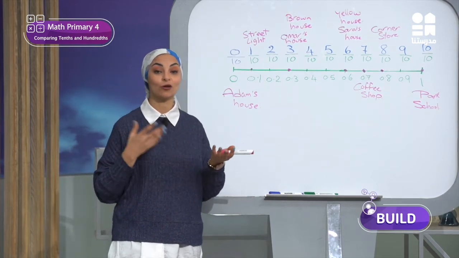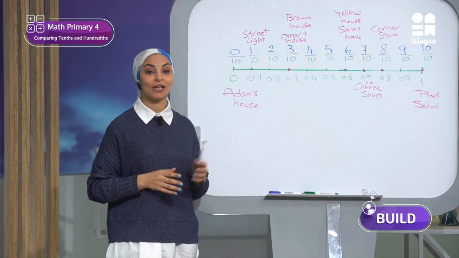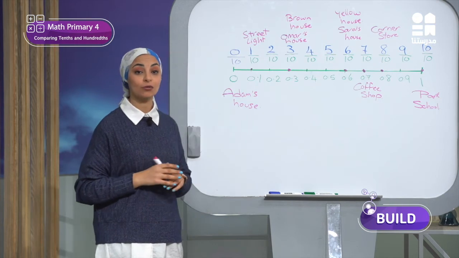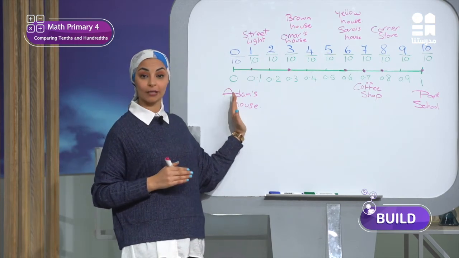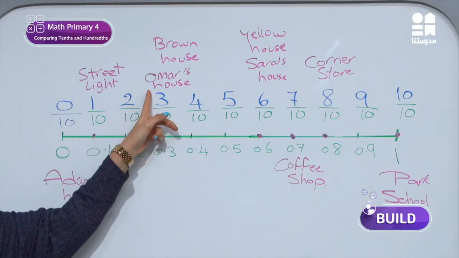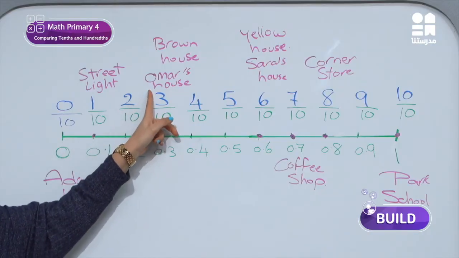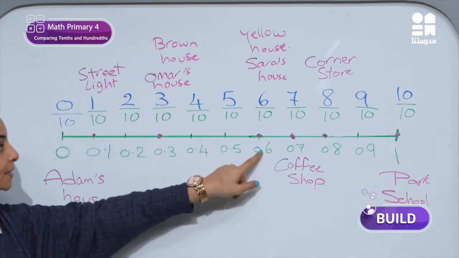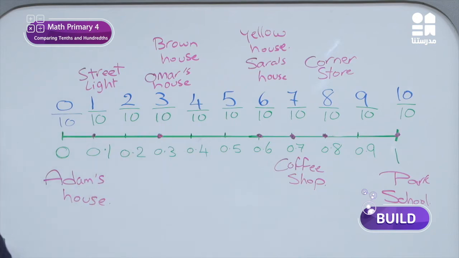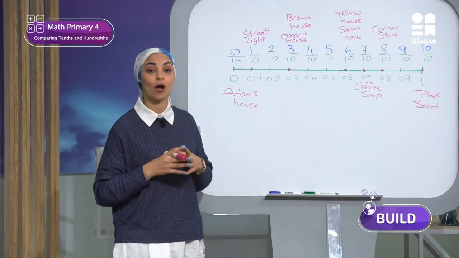Is it Sarah's house ولا عمر's house؟ طيب زي ما احنا شايفين على النمبر لاين إن Adam's house is at the point 0 like you see وعمر's house is at 0.3 right? However Sarah's house at 0.6 يبقى مين الأبعد؟ So Sarah's house is farther from Adam's.